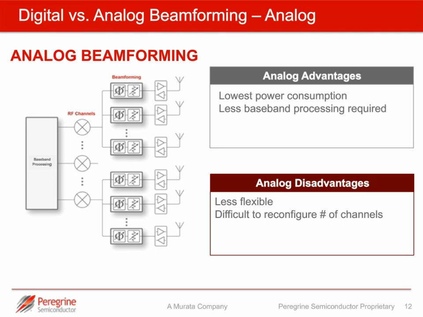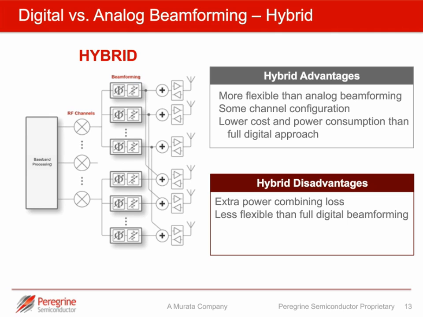The third approach is a hybrid of the two, and in this case we base it around an analog beamforming approach, but we combine the signals at the output of the beamforming element so that each path is connected to multiple antenna elements. This gives us a hybrid approach where there is some flexibility and reconfigurability.